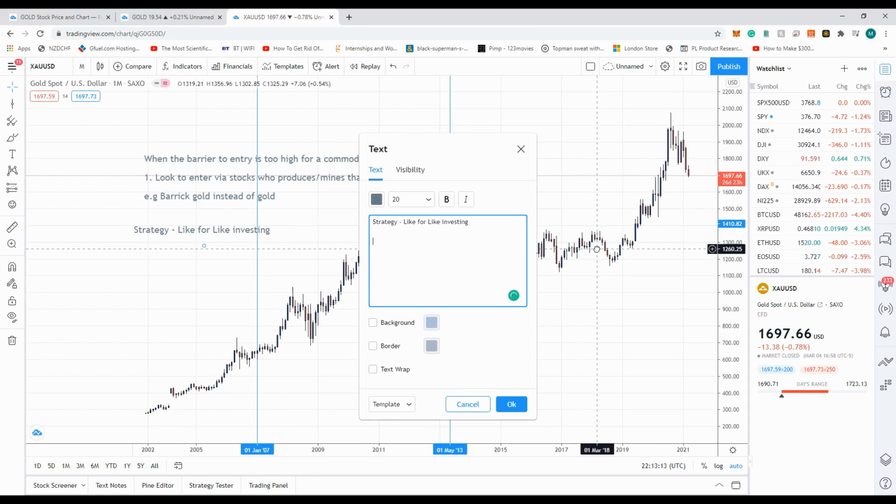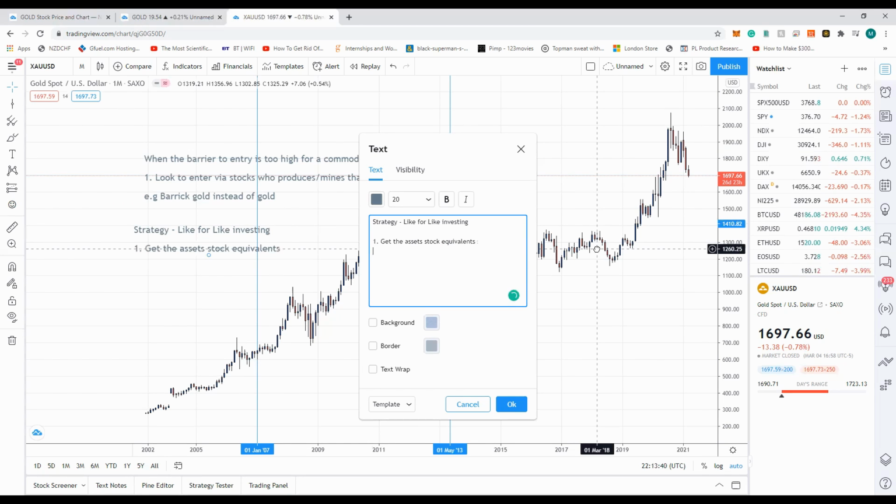So the first thing you're going to do, of course, is get into an asset, a stock equivalent.